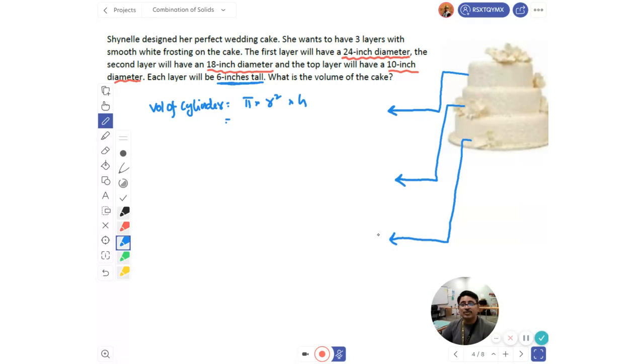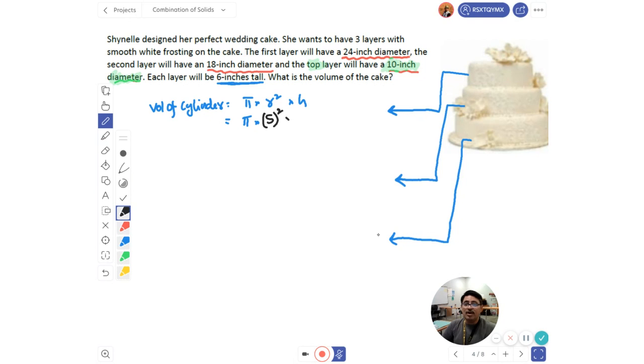So the pi value I'm not taking here. What is the radius? Here we are computing the top layer, right? Therefore, I see that the top layer has a 10-inch diameter. So diameter is 10 inches means obviously the radius will be half of 10, which is 5. So 5 square.